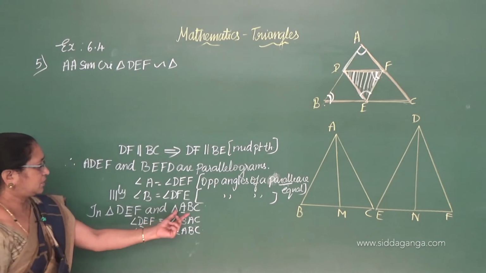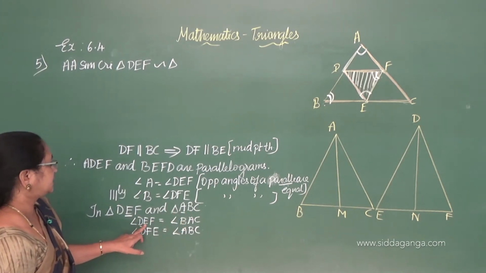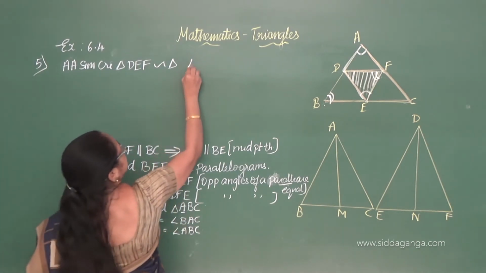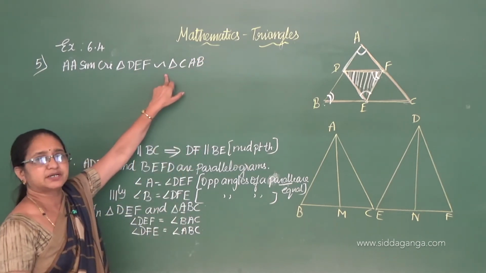Just observe how to write this. DEF, so angle E is equal to angle A. So A should be in the center. So CAB.